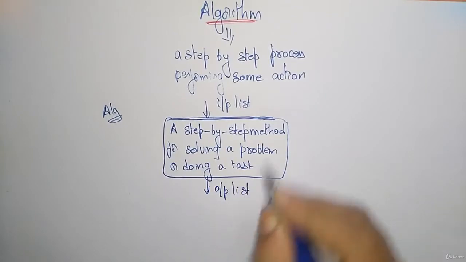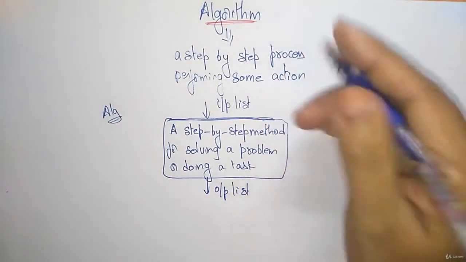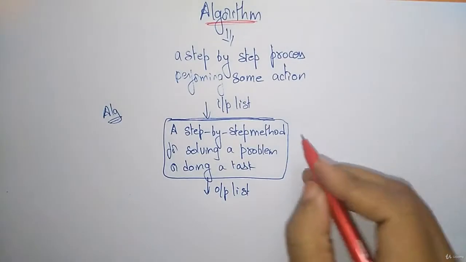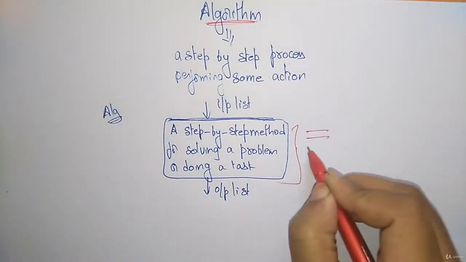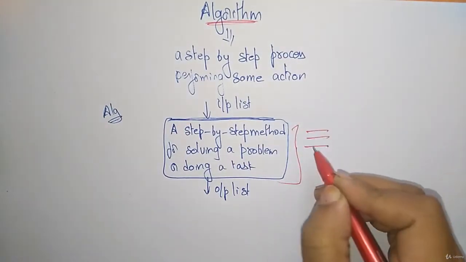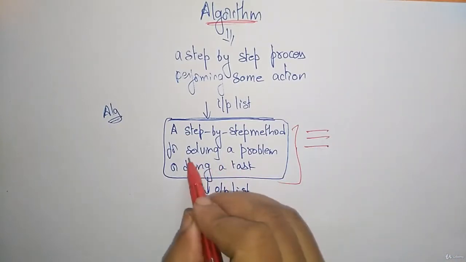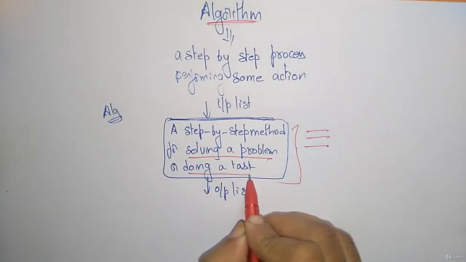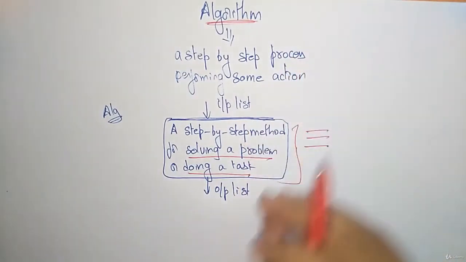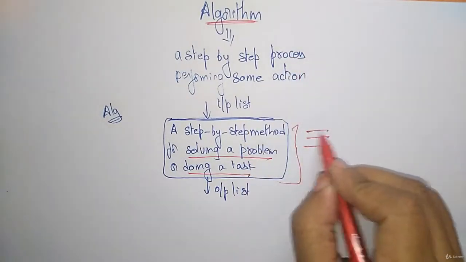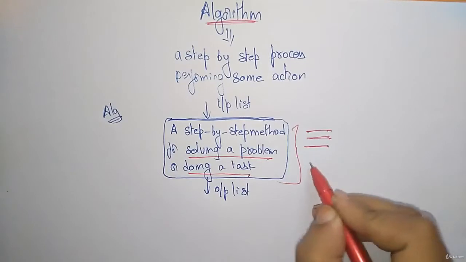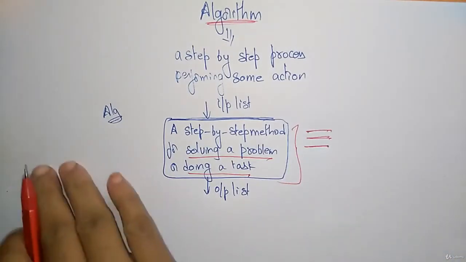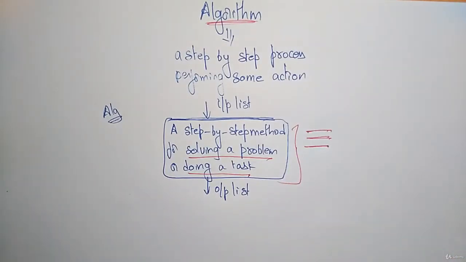It takes the input list and performs a step-by-step method, a series of steps. Why are we doing the step-by-step method? For solving a particular problem or doing a particular task. Those requirements will be written in a step-by-step manner, and that you call an algorithm.